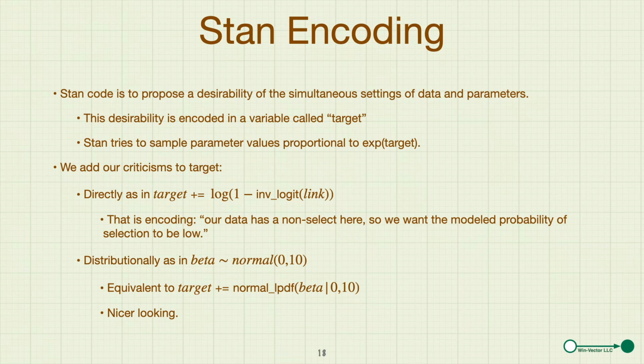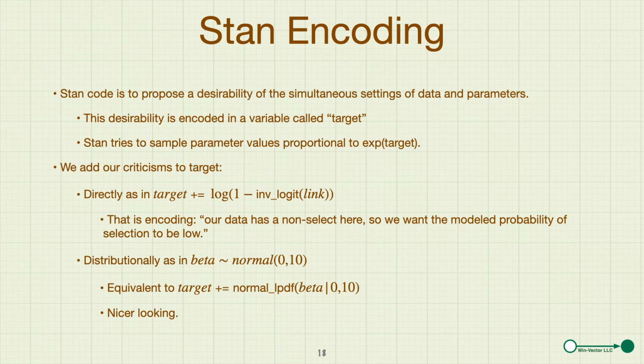I would actually recommend not thinking of Stan in terms of prior and posterior distributions or Bayes' law, but instead as a criticism of the joint presentation of the data and the parameters it's trying to guess. And the idea is if that criticism is bad, it's an unlikely pair, and if that criticism is good, it's a likely pair.